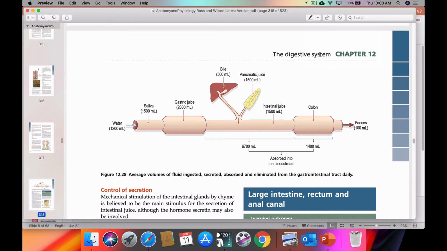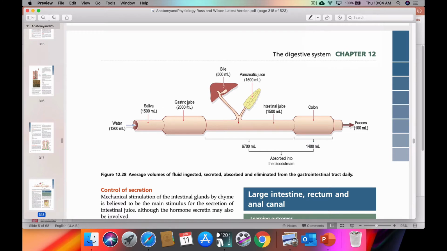In support of that slide, students, I would like to show you one interesting fact about your GI tract. See, your GI tract is 8 meters in length. In that 8 meters, in 24 hours, what is happening? On an average, you drink around 1200 ml of water, isn't it? Then your salivary gland in the mouth secretes around 1500 ml of saliva in 24 hours.